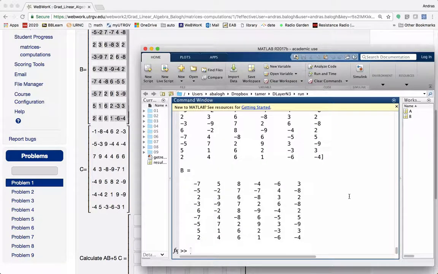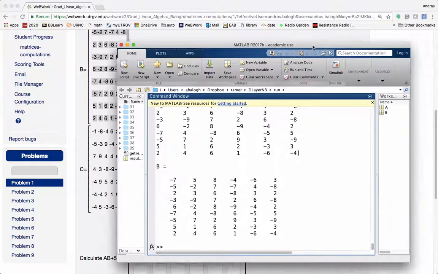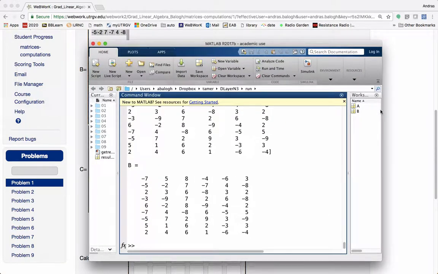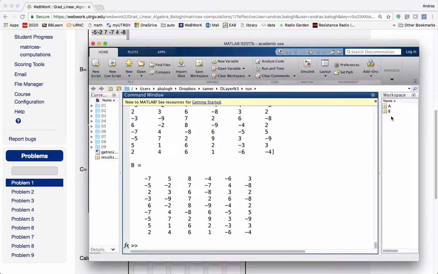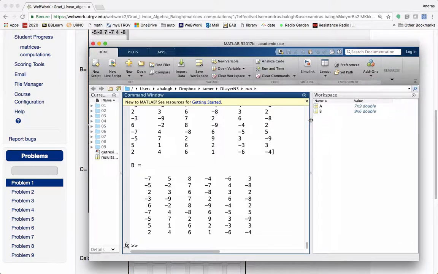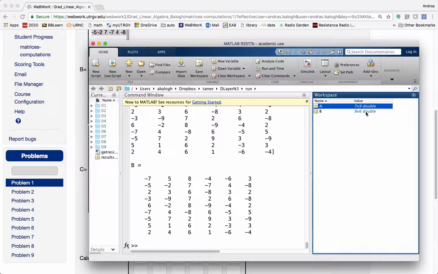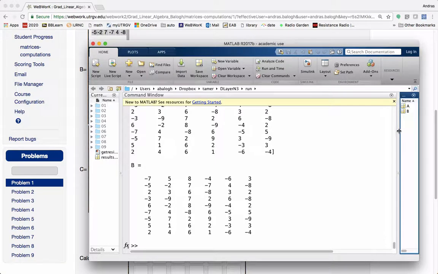And then enter. Also notice that on the right hand side there is a workspace that lists the information that you entered already, the variables. If you increase the size of that, let's see if I can increase it. Yeah, it says that it's one matrix 7 by 9, double is the precision, and 9 by 6 is the size for the other matrix.